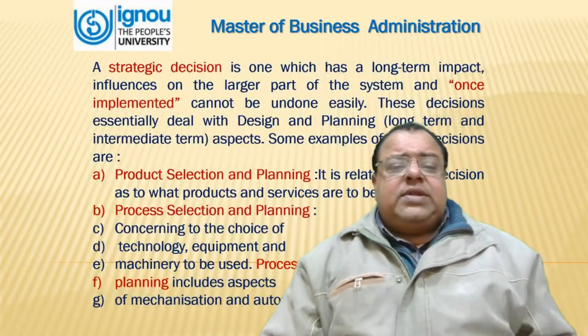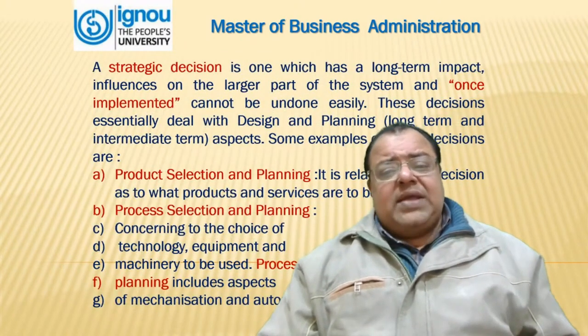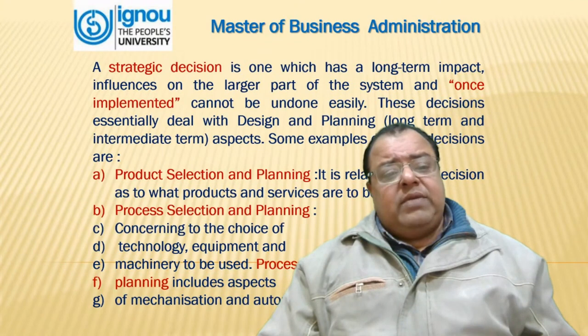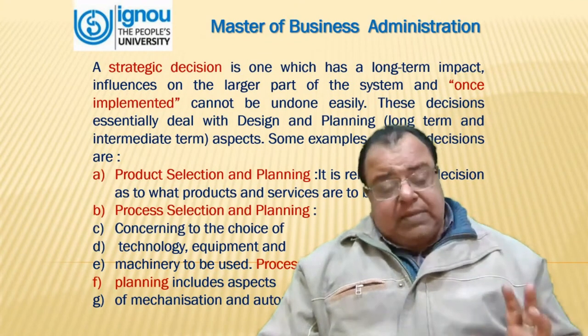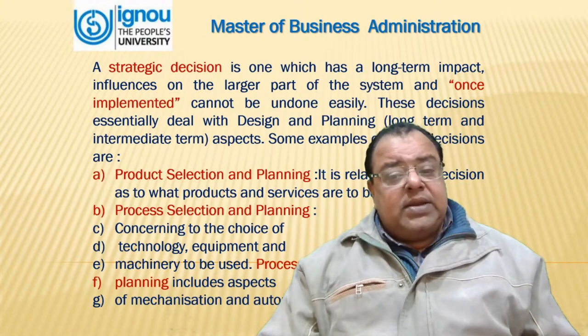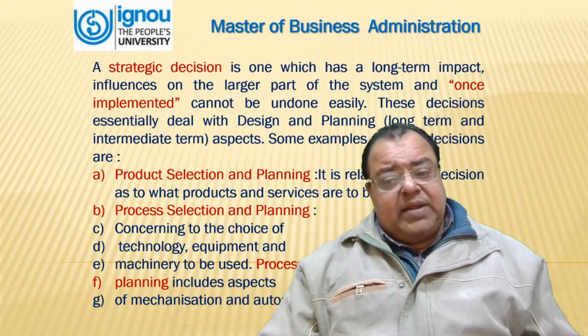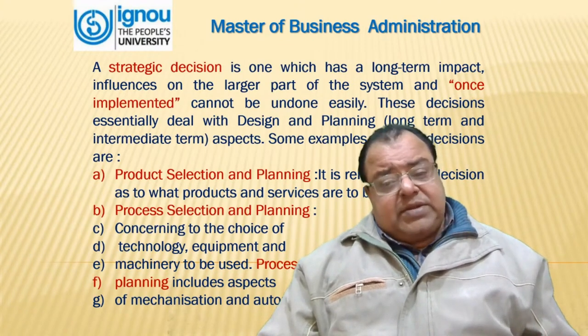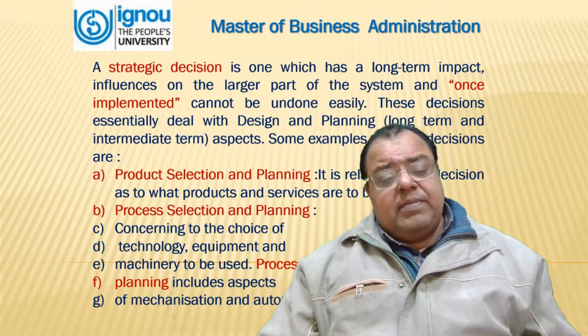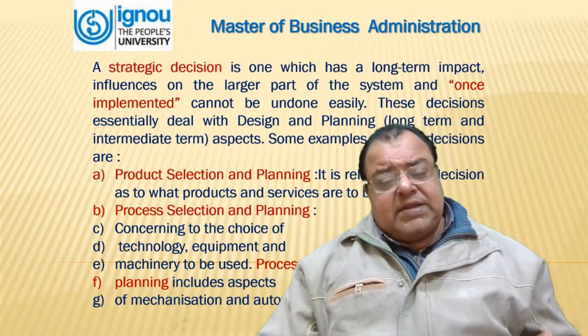A strategic decision is one which has a long-term impact, influences a larger part of the system, and once implemented cannot be undone easily. These decisions essentially deal with designing and planning aspects. Some examples of these decisions are product selection and planning.